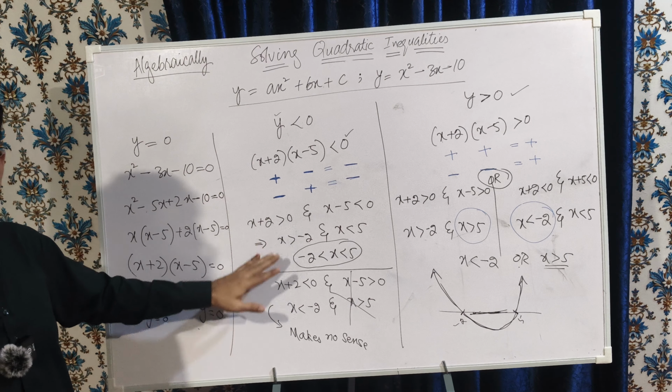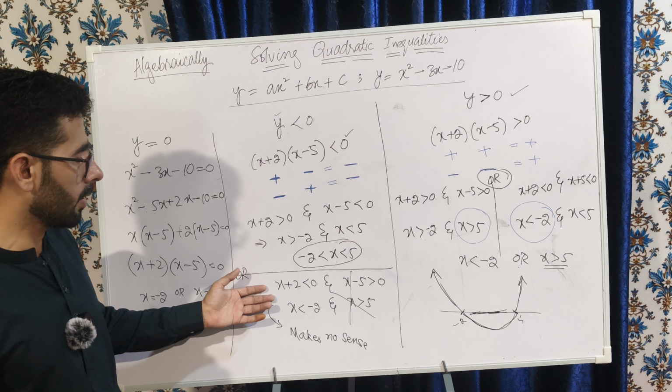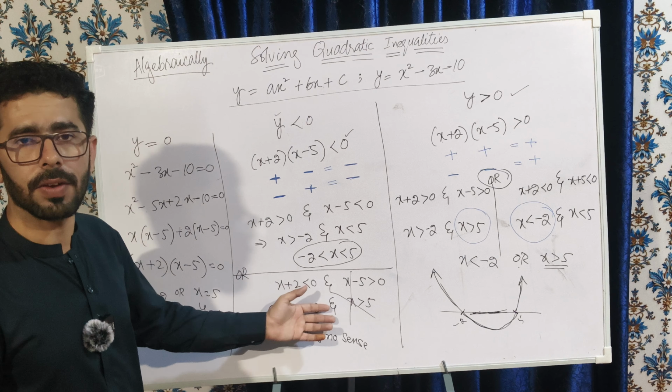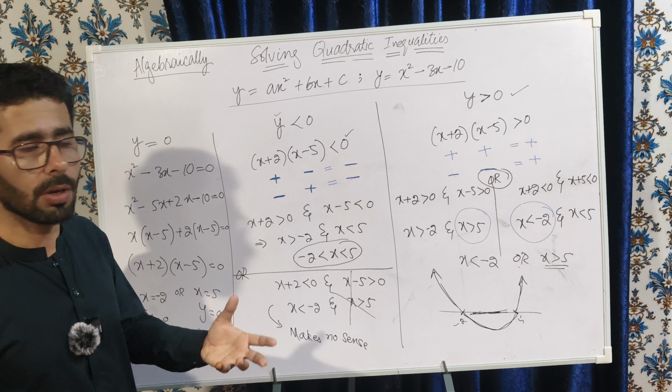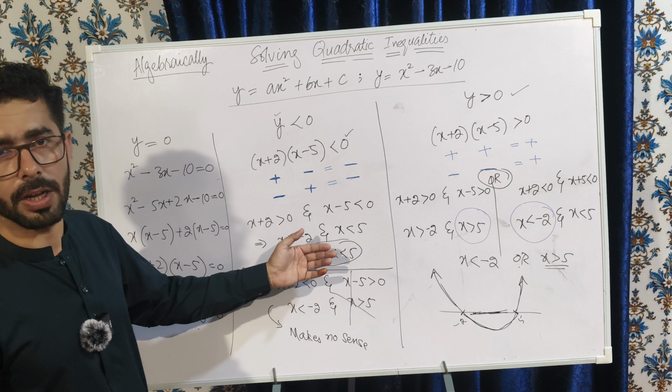In that case, we resolve it and use the simple logic that it is not possible that a number be negative and positive simultaneously. So the better option is that we take the x value which is between minus 2 and 5.